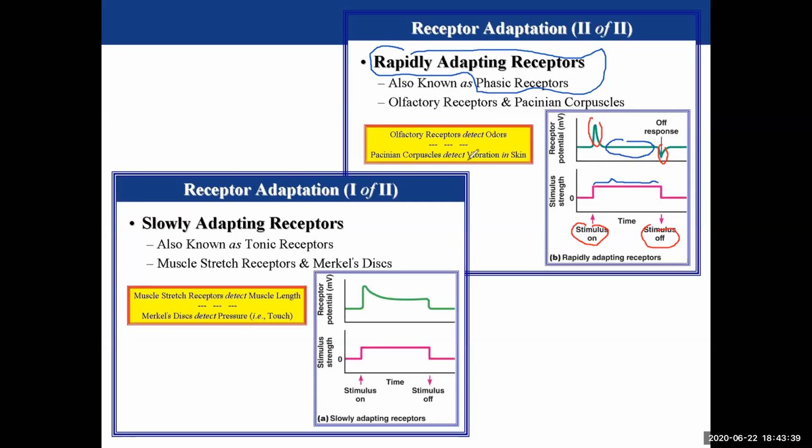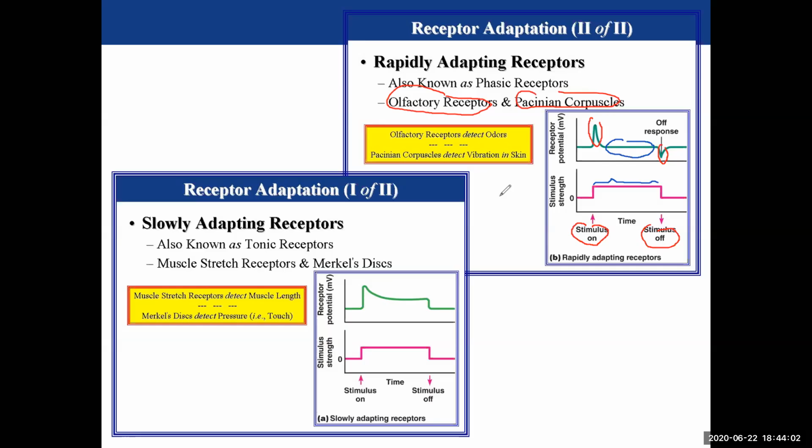Examples of receptors working with this mechanism are receptors detecting smell, the olfactory receptors, or receptors detecting deep pressure, the Pacinian corpuscle.